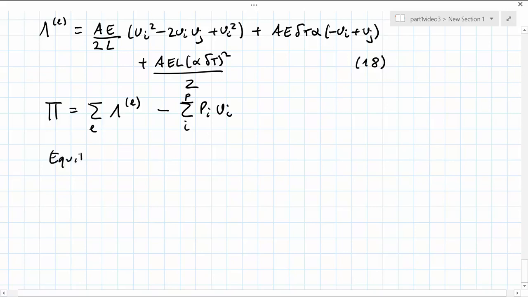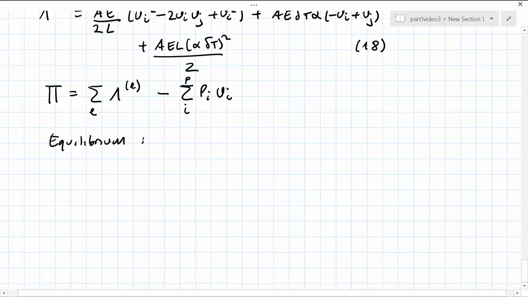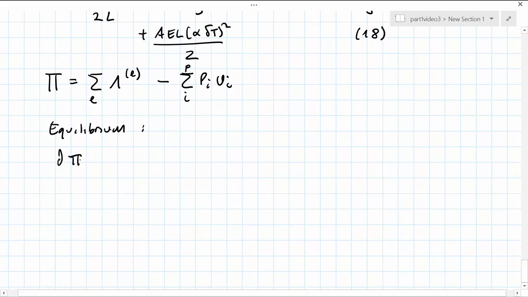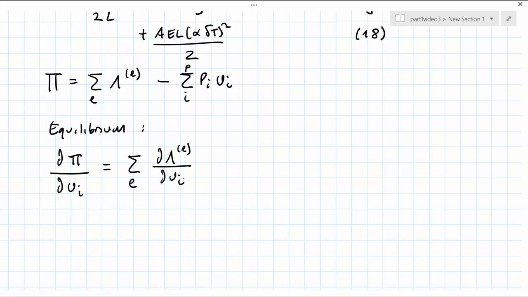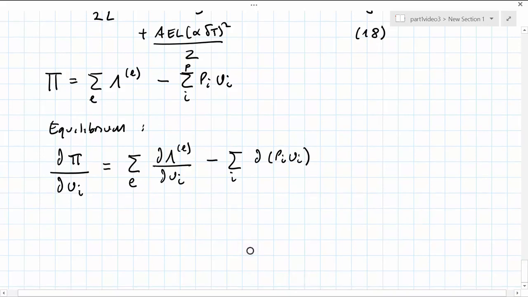So we can say that equilibrium is given by the partial derivative of the total potential energy with respect to the displacement that we are interested in, and this is simply the summation again over the elements with the derivative of our strain energy term with respect to whichever variable we're interested in, which in this case is the ith displacement, from which we then subtract our work terms, again derivatives of these. And we set all of this equal to 0.